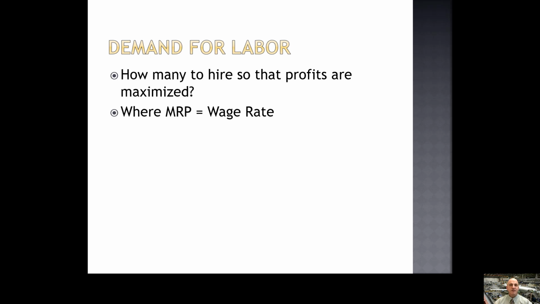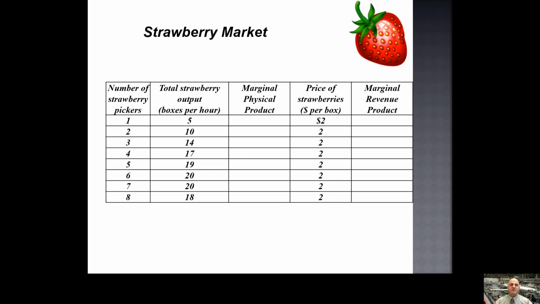Well, it's the same thing as marginal revenue equals marginal cost. So here's another market, same sort of concept. Pause the video, complete this chart, and then we'll examine where to hire at different wages.